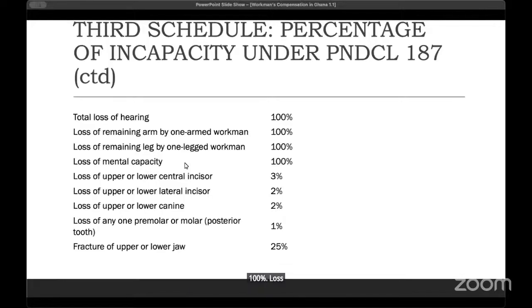Loss of mental capacity, 100%. So it's on and on. Fracture of upper or lower jaw, 25%.